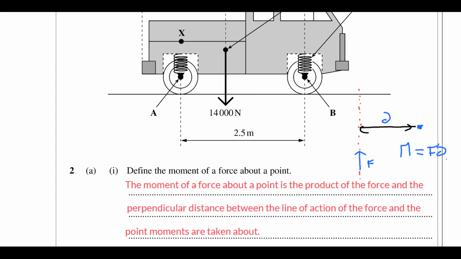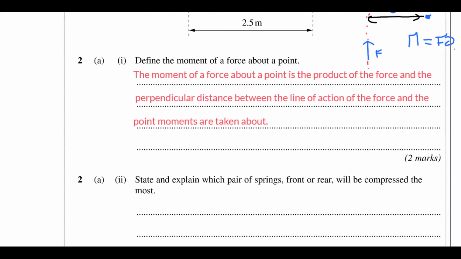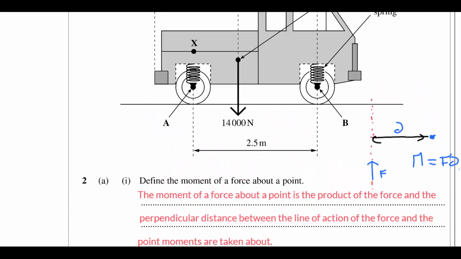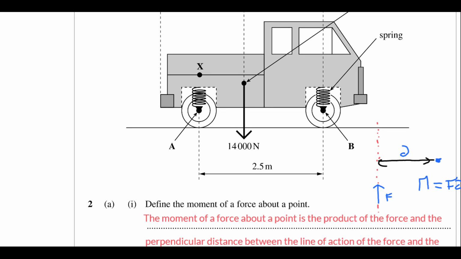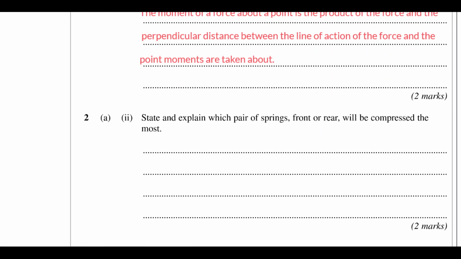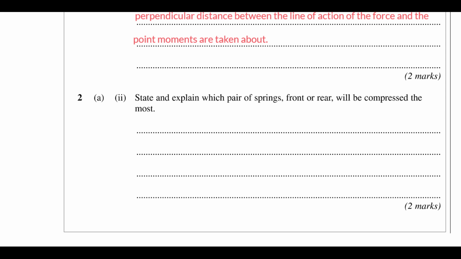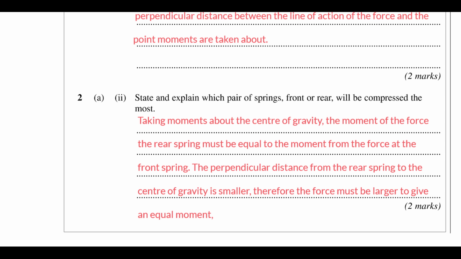So then if the moments are equal but the springs at B are much further away than A, that means the force at B is smaller than the force at A, so the force at the rear will be greater, and it's to do with the distance and moments being in equilibrium. So let's put that down. Okay, so that's what we've got there.